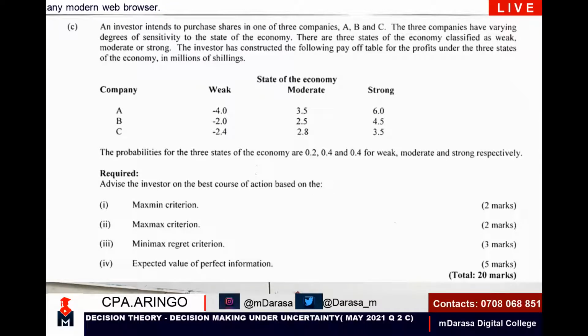We are told that an investor intends to purchase shares in one of 3 companies, A, B, and C. The companies have varying degrees of sensitivity to the state of the economy. There are 3 states of the economy classified as weak, moderate, or strong. The investor has constructed the following payoff table for the profits under the 3 states of the economy.